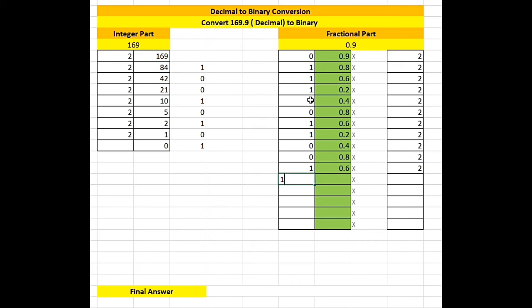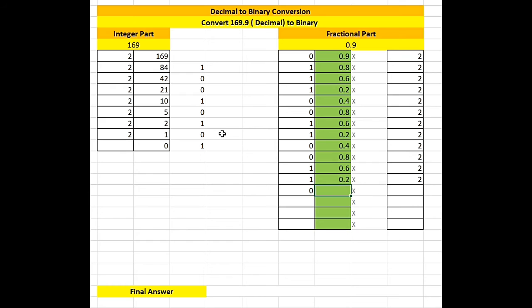So 1 goes here and 0.2 goes here. Again 0.2 getting multiplied with 2 gives us 0.4.